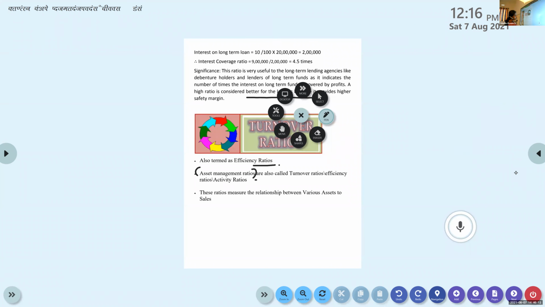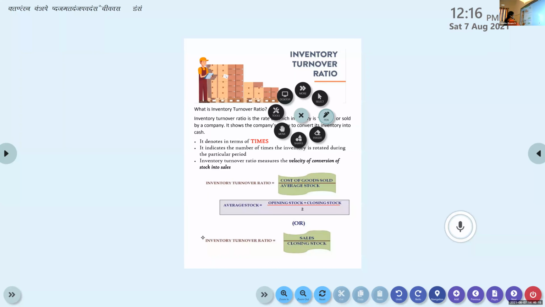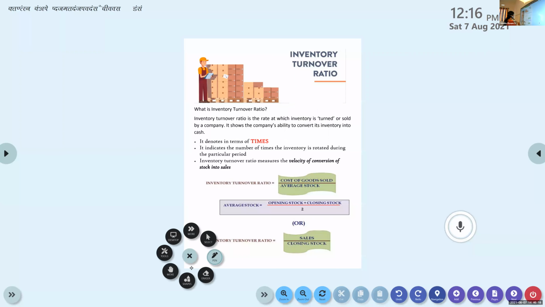Stock turnover ratio, another name is inventory turnover ratio. Inventory, what is inventory? It is just another term used for stock. Inventory turnover ratio means we are computing this ratio to find out how many times the stock is converted into sales.